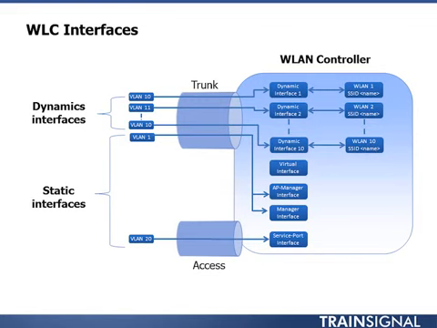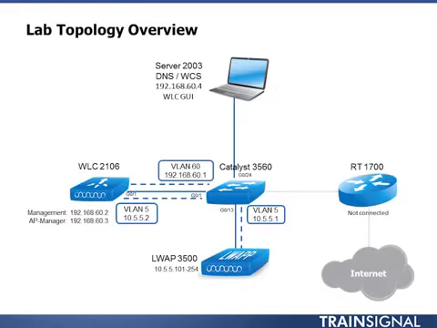In this way I can have an SSID for my employees with one security profile and another SSID for maybe guests with a different security profile, because they're going to be mapped to different dynamic interfaces on the wireless LAN controller.